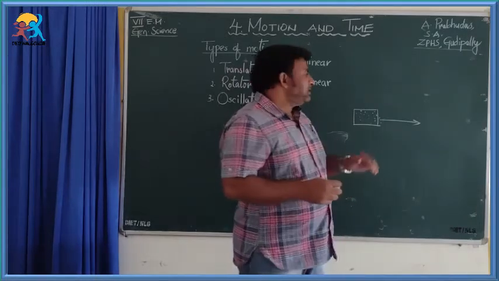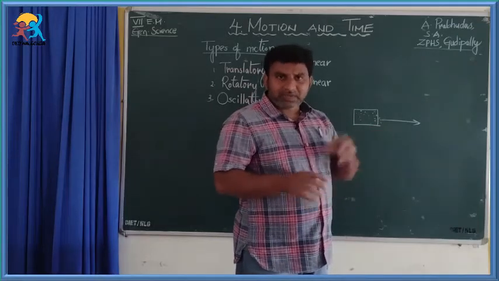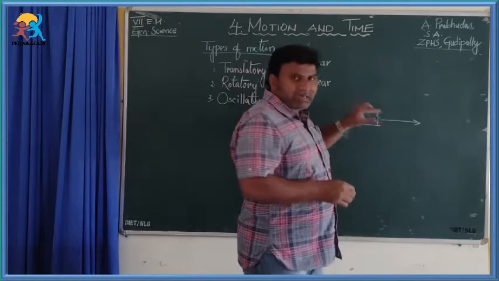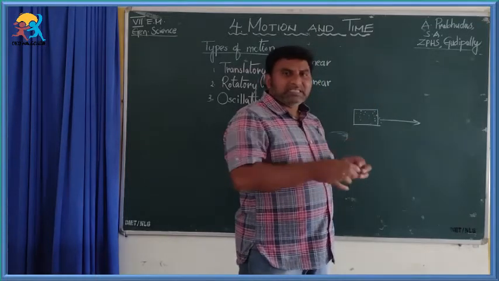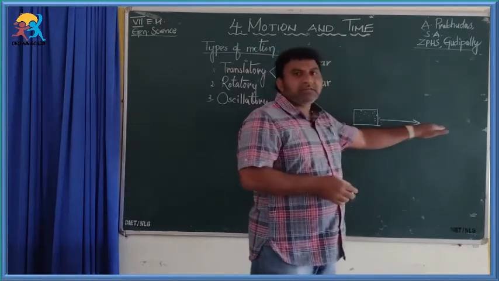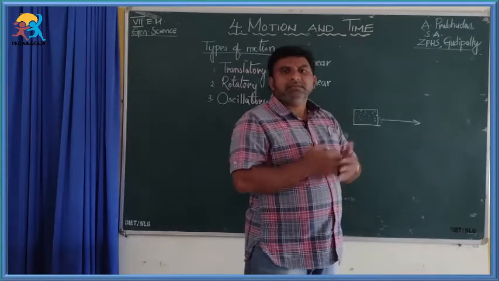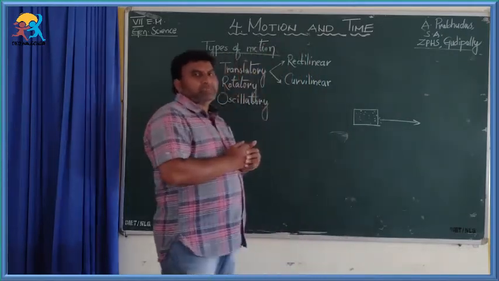I repeat, translatory motion is one in which all the particles or all the parts present in a moving object move in the direction of the motion. Such type of motion is called translatory motion.